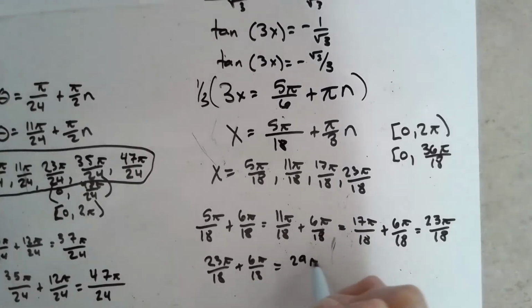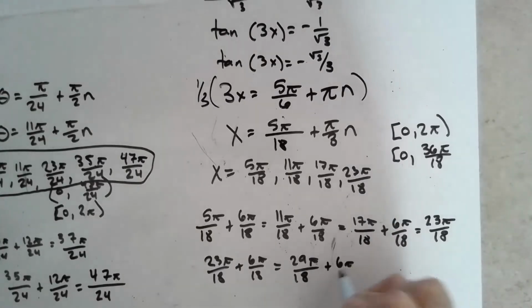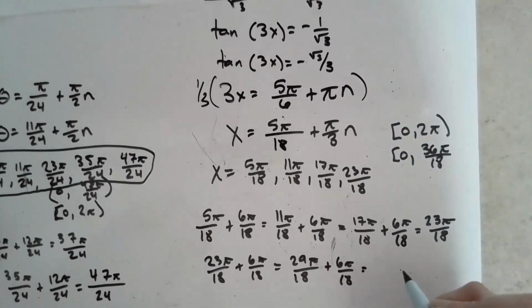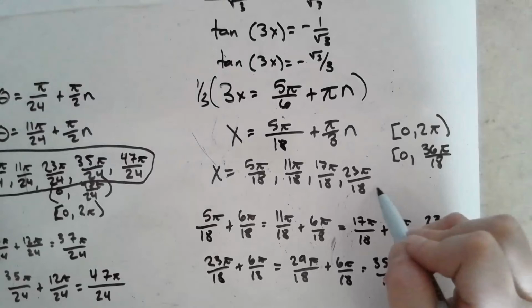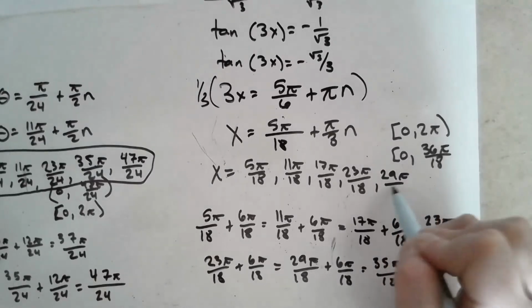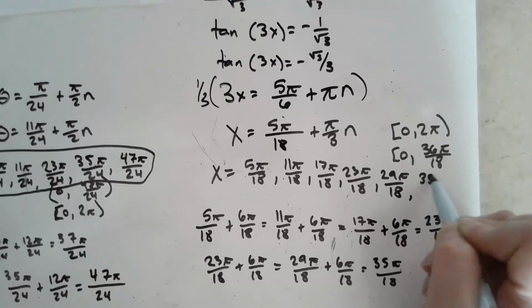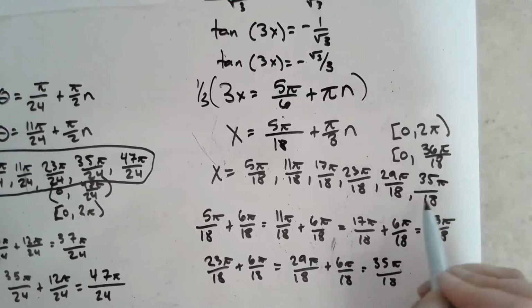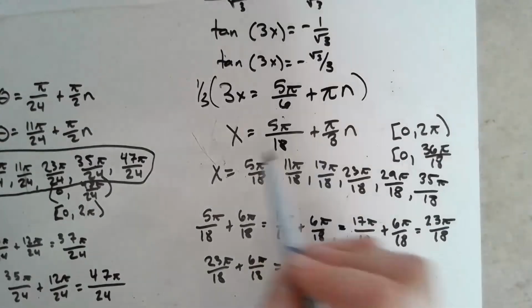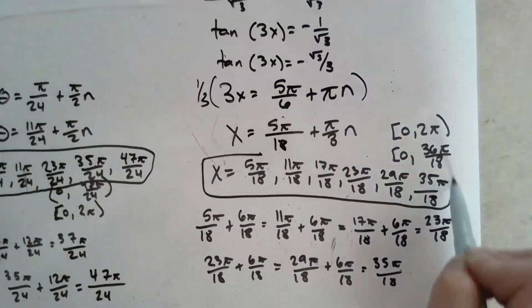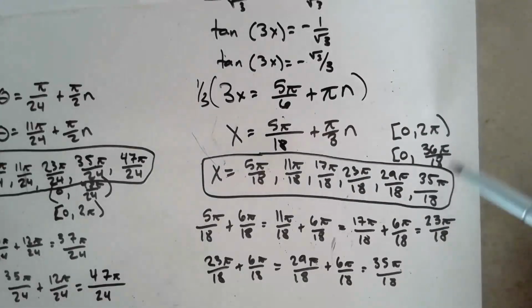So 29 pi 18ths plus 6 pi 18ths. So 35 pi 18ths. Did I add that one? Nope, I did not. 29 pi 18ths and 35 pi 18ths. Okay. If I add any more, I'm going to go over my 36 limit.